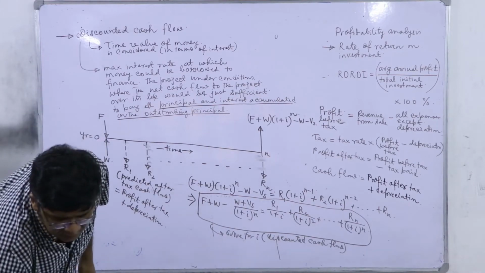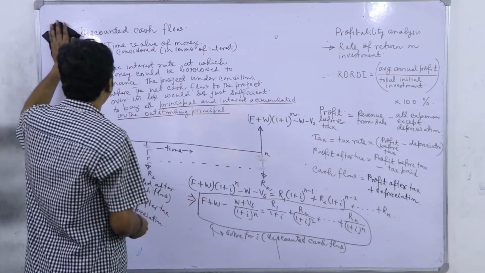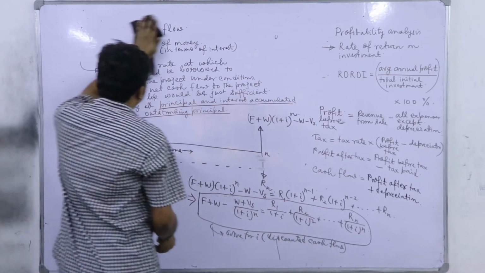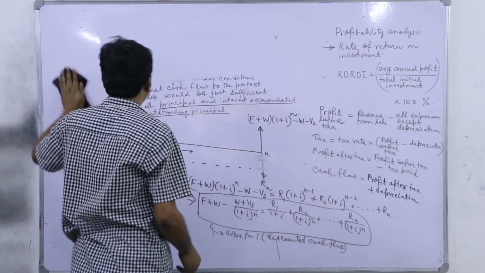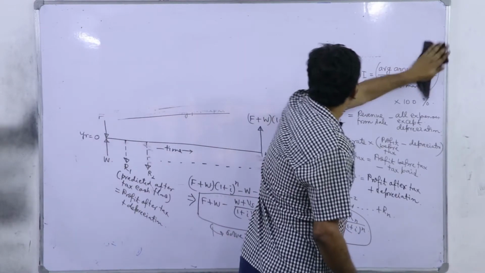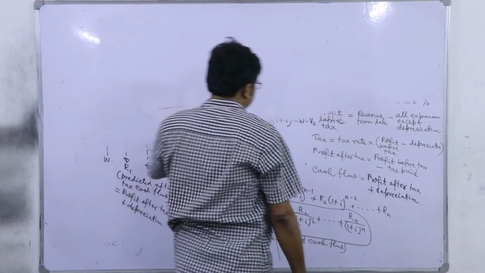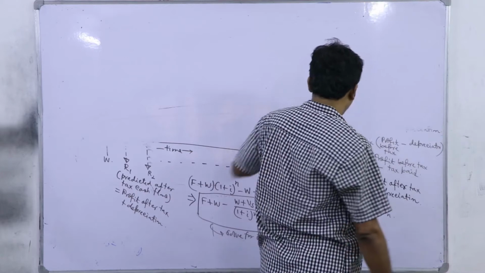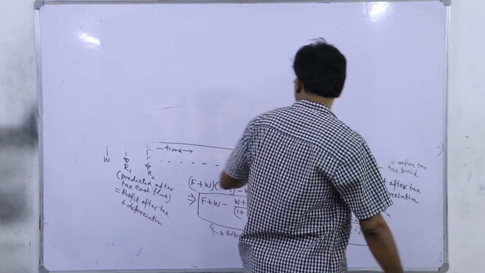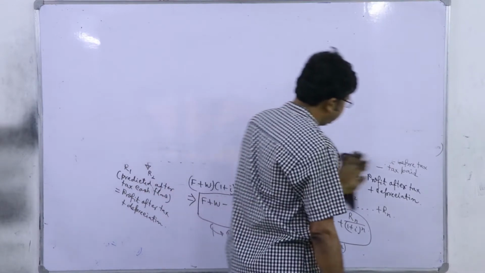So, let us solve an example, and with that we can actually understand what is the discounted cash flow. And this is to be done by trial. This I is to be calculated because it is a nonlinear equation, and we have to calculate this I by trial.